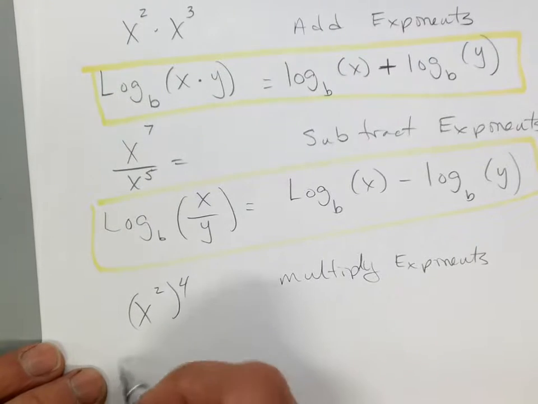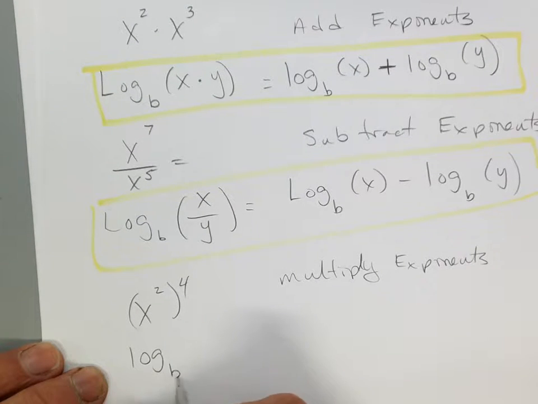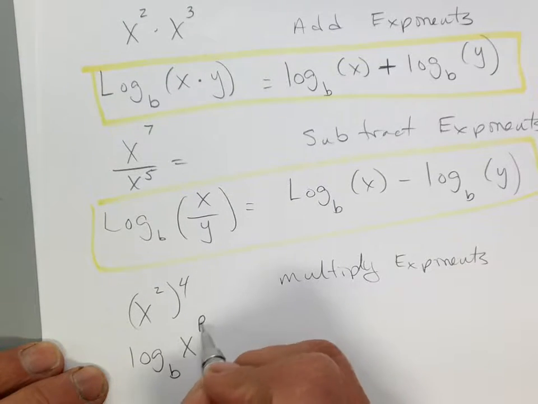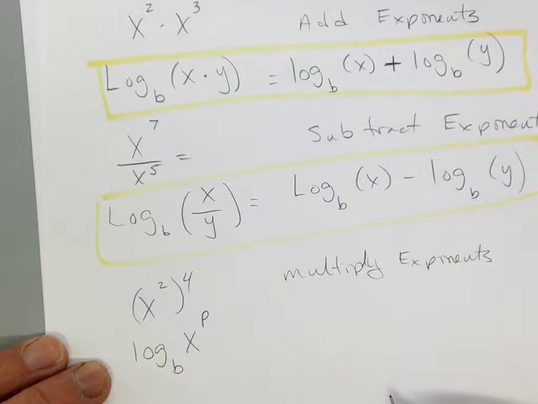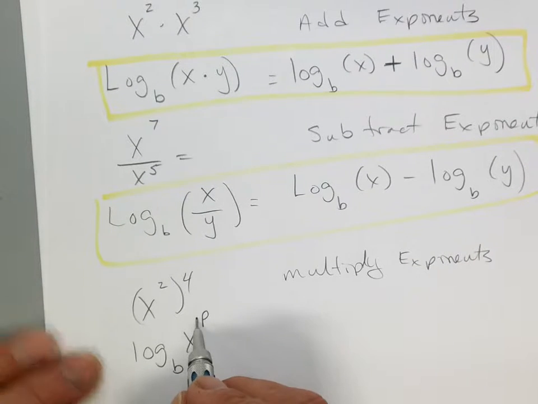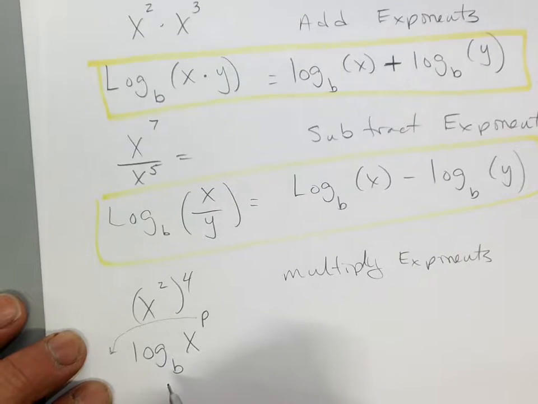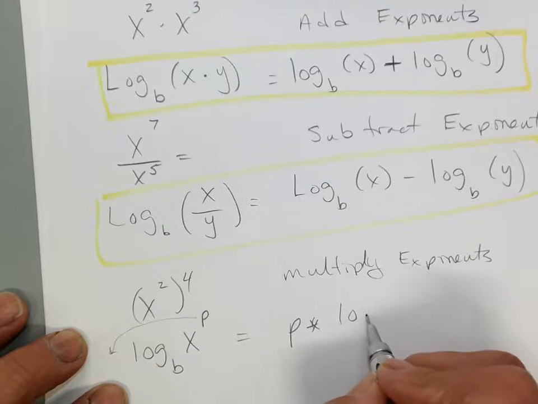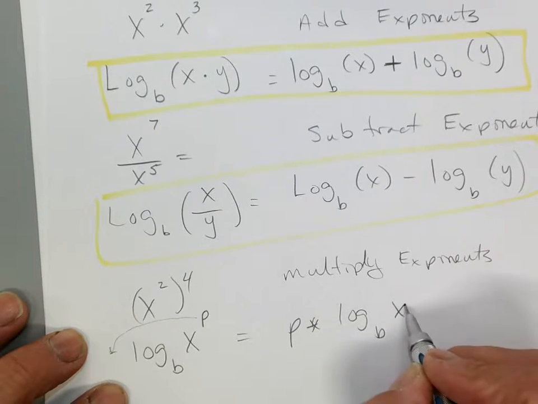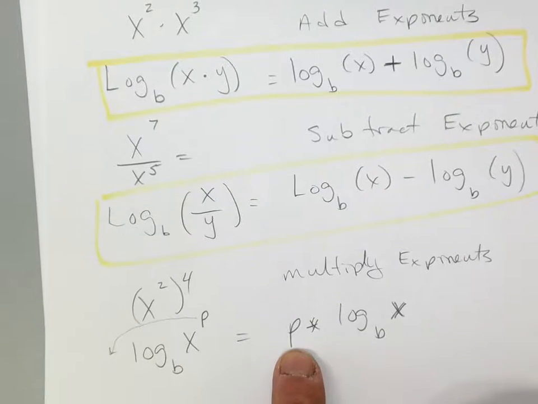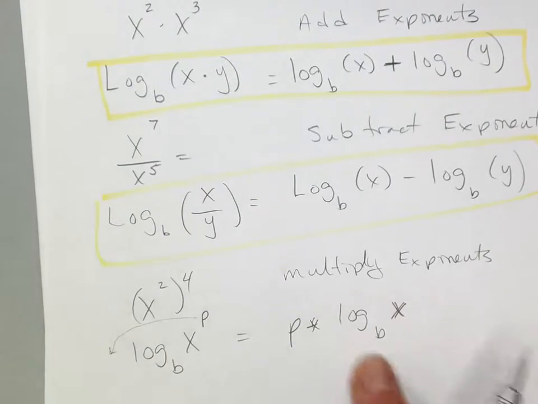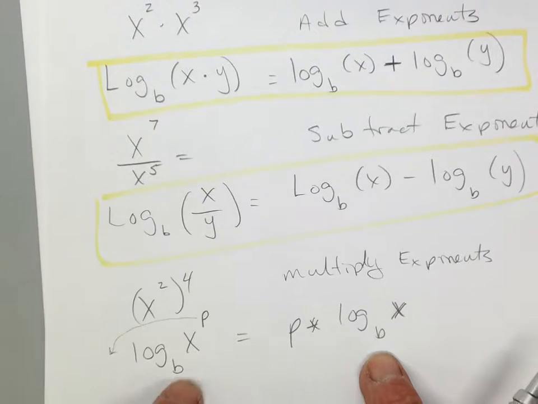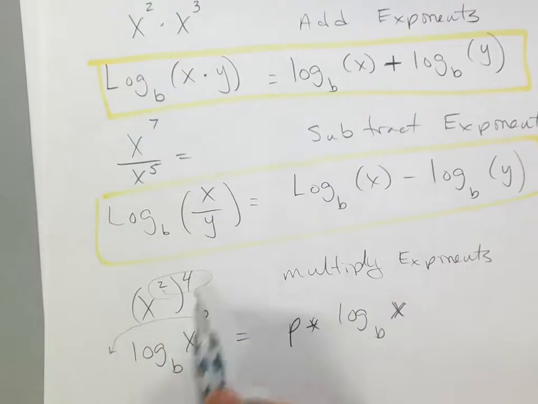So if we had a log of some base of something, and that's to a power, like an exponent to a power, what we're going to do is take the exponent down. We're going to rewrite it as p times log base b of x. So I have an exponent times an exponent. I know it doesn't look like an exponent, but logs are exponents. I really have an exponent times an exponent, which is what I would have done up here. They follow the log rules.